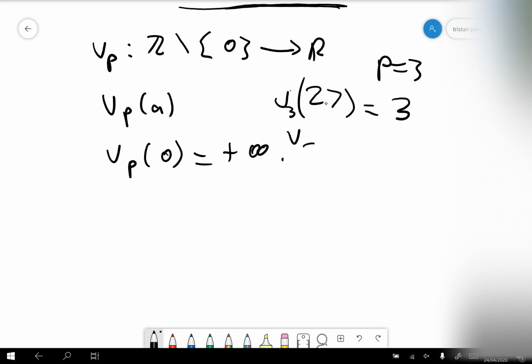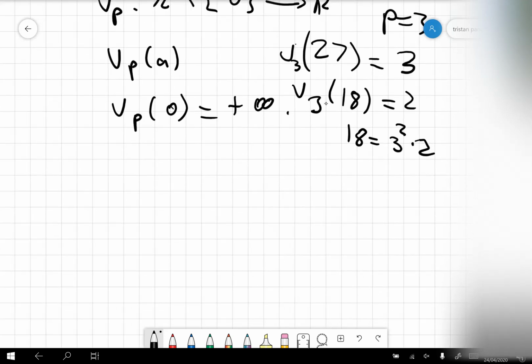And the 3-adic valuation of 18 would be 2, because 18 is 3 squared times 2.